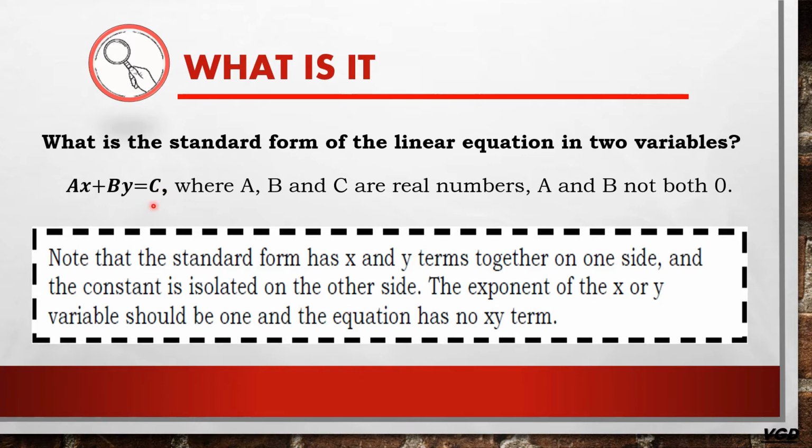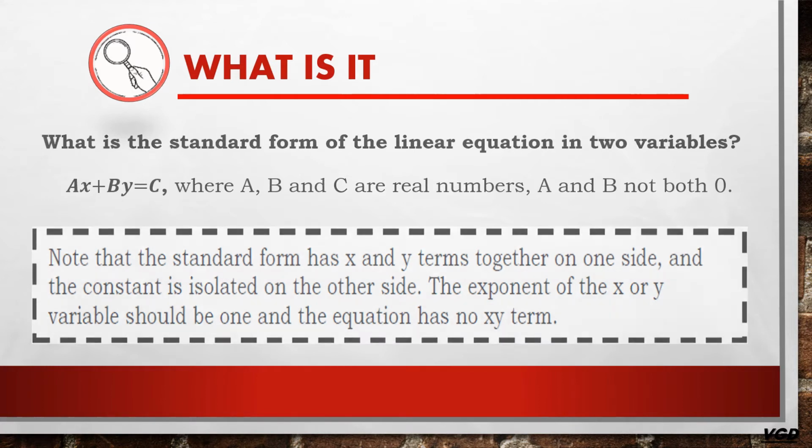Take note that c is the constant in the standard form, so it should be on the other side. The exponent of the x or y variable should be 1, and the equation has no xy term. Take note of that as the standard form of the linear equation in two variables.